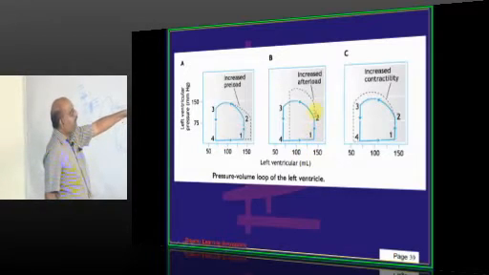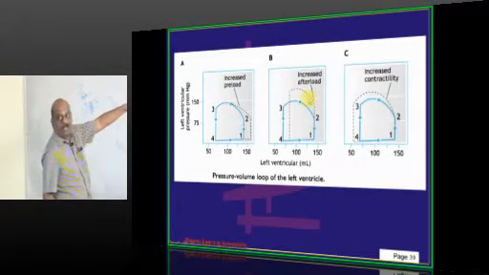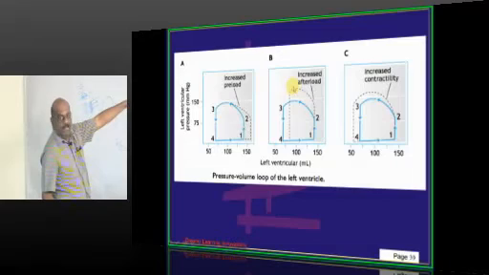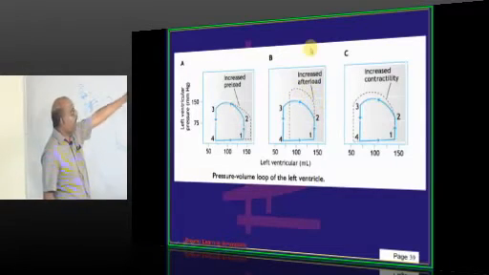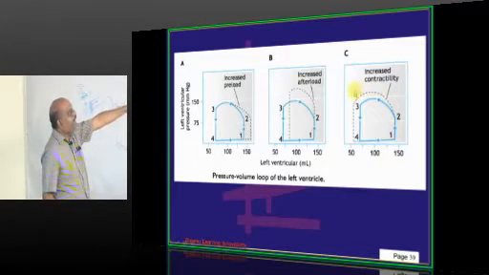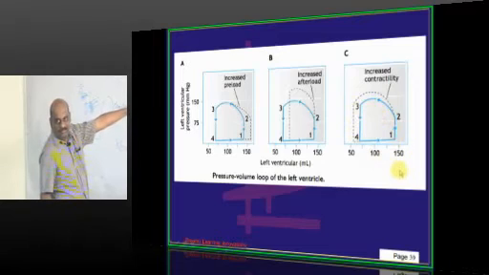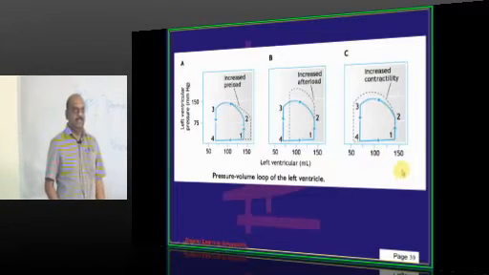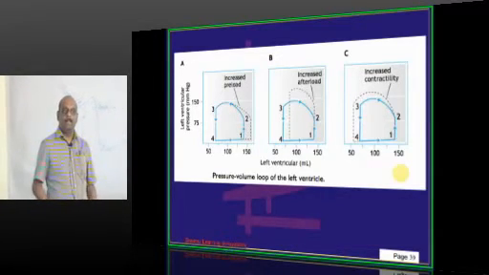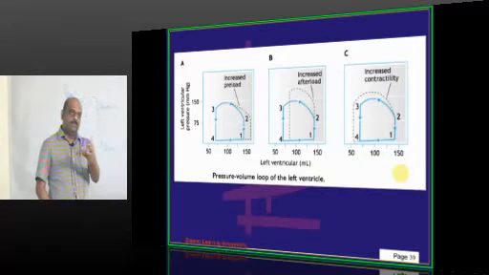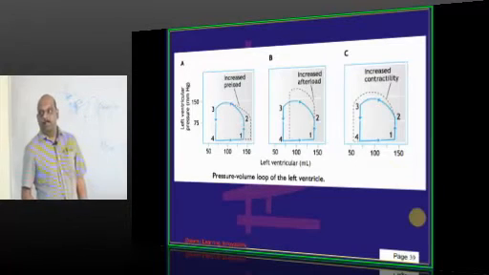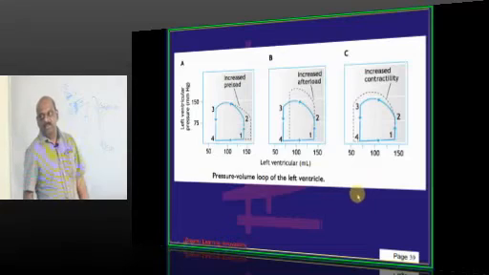This is whenever you increase the afterload: the pressure at which the aortic valve closes, or the rise of the left ventricular pressure, will be higher. Then this is the effect of increased contractility. Whenever the contractility increases, all the events become preponed. What are the events? Opening of the mitral valve, closure of the mitral valve, aortic valve, everything will prepone.